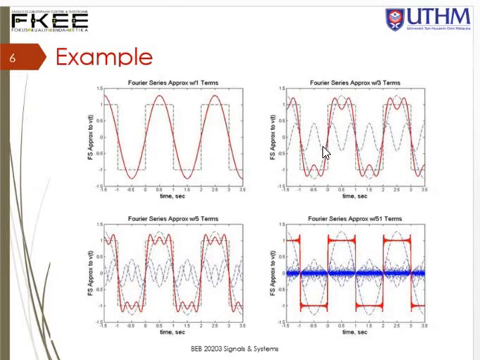Let's say if you have 3, this one is a 3 AC component, so you have the square wave, and then you have the sine wave. This one is a combination of 2, this one is a combination of 3, and this one is a combination of a lot. This combination of a lot will lead to the original signal.